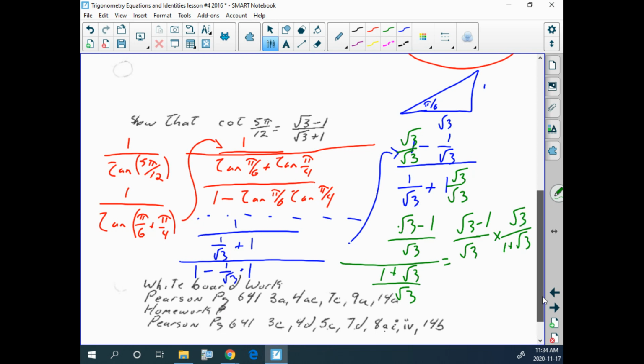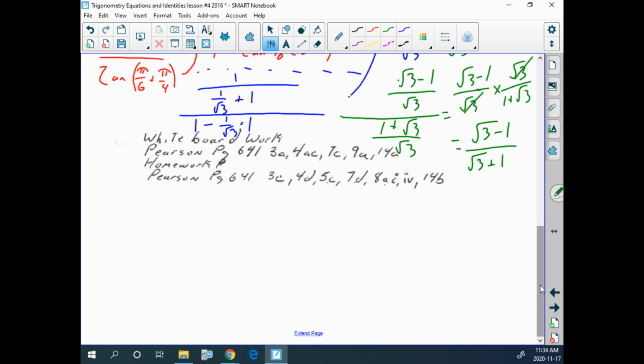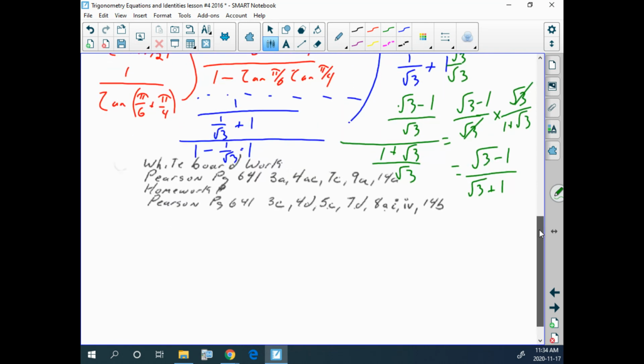When we flip that to tidy it up, our square root 3's disappear. Our numerator, square root 3 minus 1, and I'll just rewrite that in a different order to get what we want.